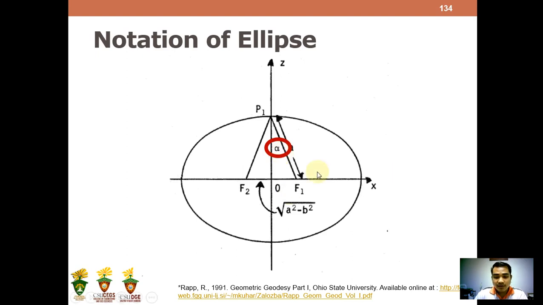So again class, O to F1 is equal to c. If we see a here and b here, according to our discussion earlier, c by the Pythagorean theorem is equal to the square root of a squared minus b squared. Taking the sine, opposite over hypotenuse, we have c over the hypotenuse a.